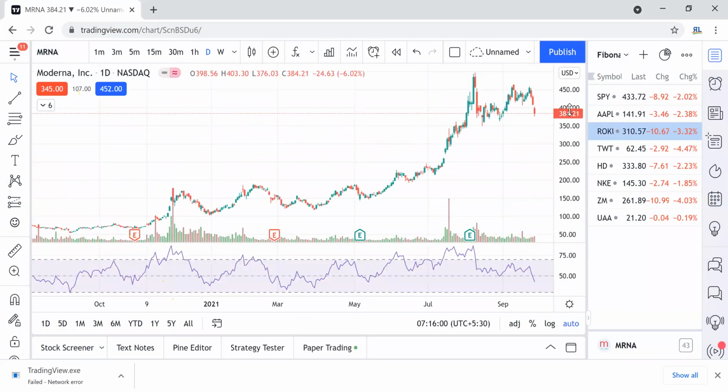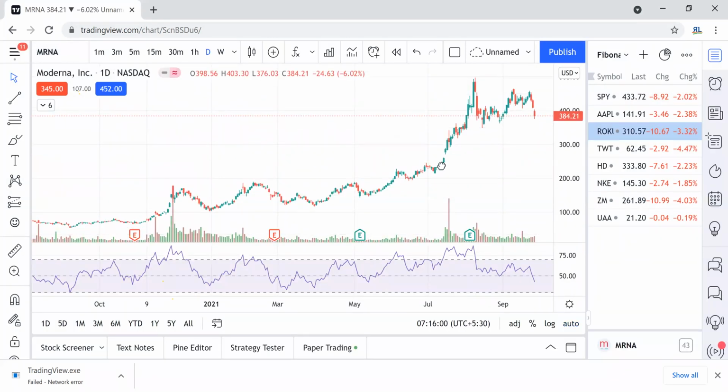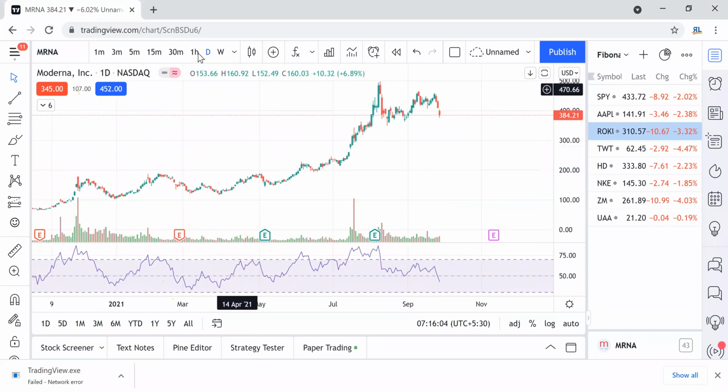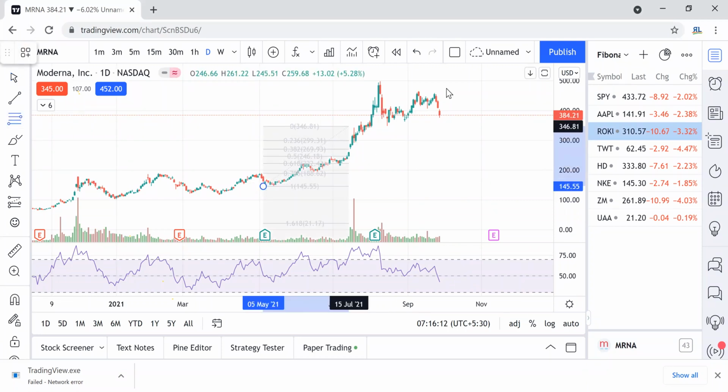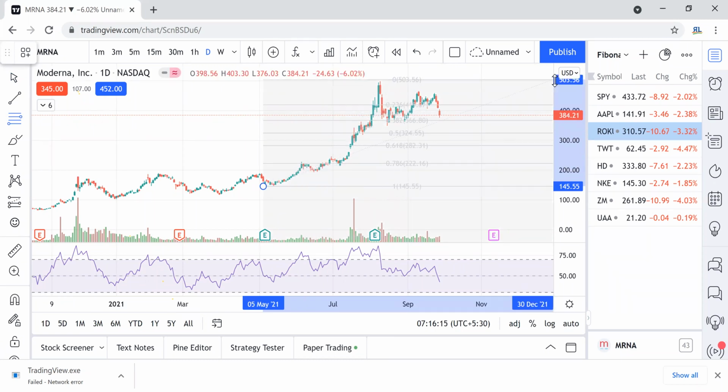mRNA was the first one that I saw. Okay, this is a daily chart on it, and we're kind of coming down with the bear trend. So let's do fibs on it.